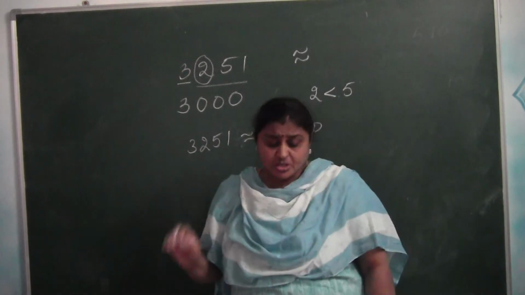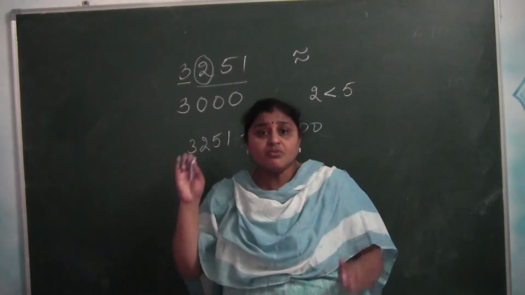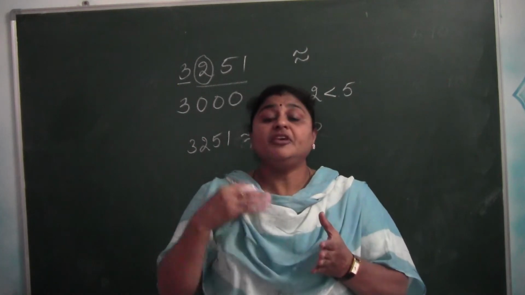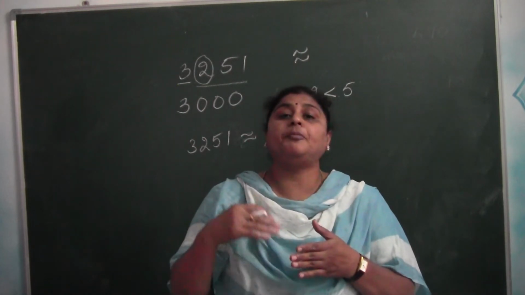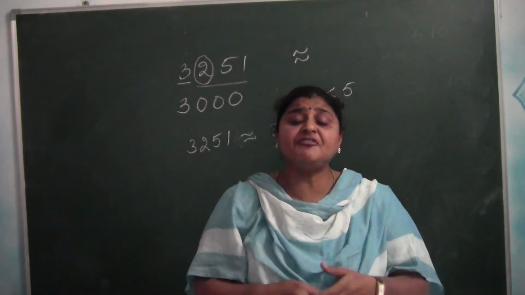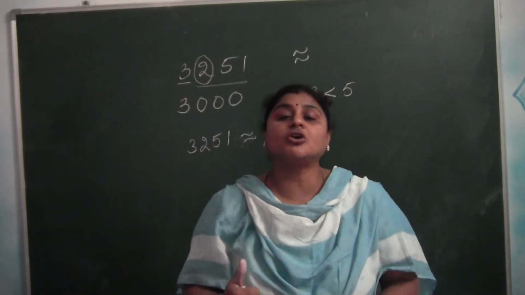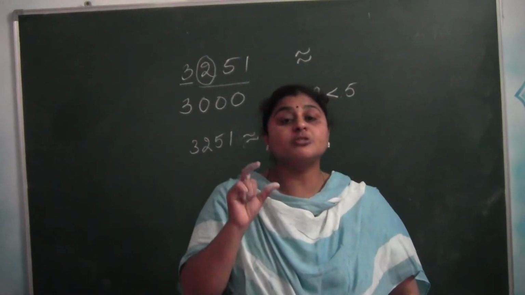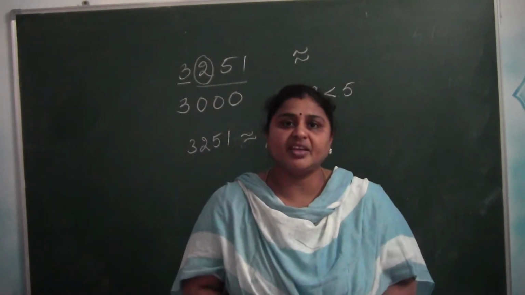Got it children? So this is about rounding off. Whatever explanation I have given you, listen carefully. If you solve many problems and practice, you can imagine it and write it as it is. But if you still have a doubt while solving, please do ask me so that I can do a small video and clarify the doubts for you.